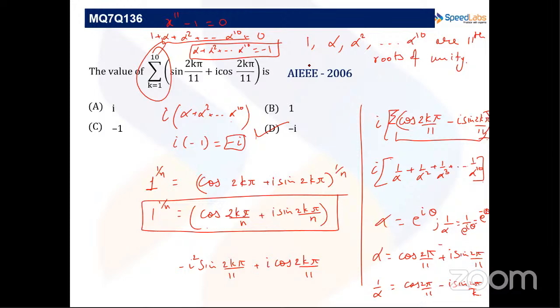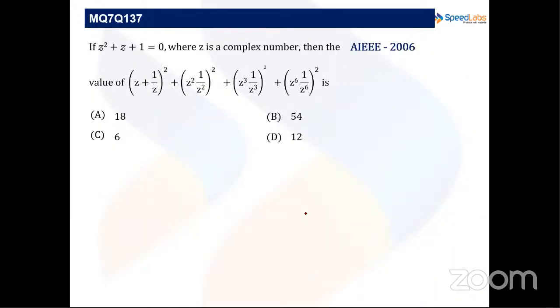Moving to the next question. So our next question is, if z square plus z plus 1 equals 0 and z is a complex number, then the value of z plus 1 by z, I guess this is, okay, I'm rewriting it whole.